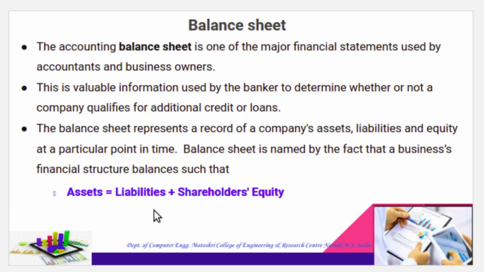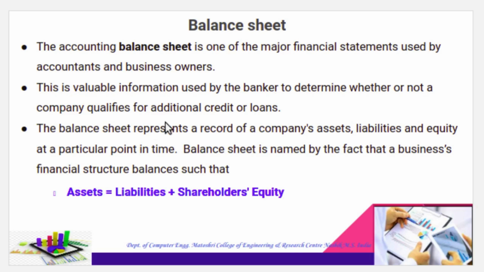Here, liability represents the debt, while equity represents the total value of money that the owners have contributed to the business. It includes retained earnings, which is the profit made in previous years.